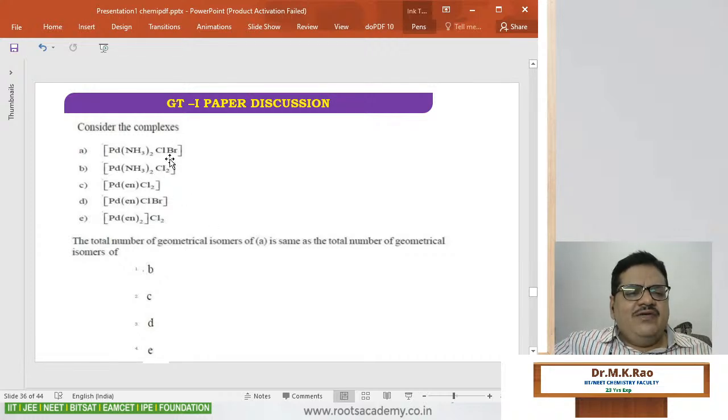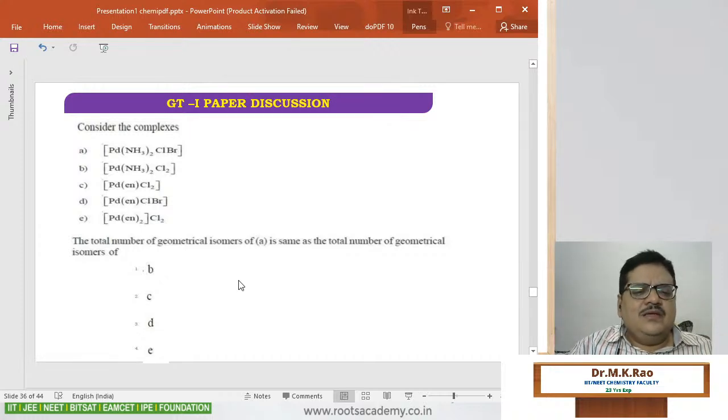First, how many geometrical isomers does A have? Definitely it is the second compound. Why?